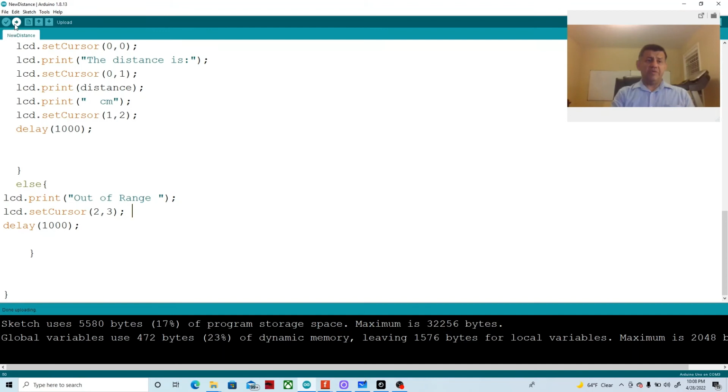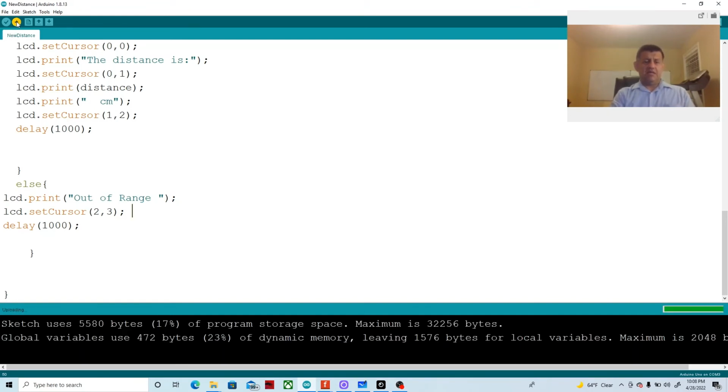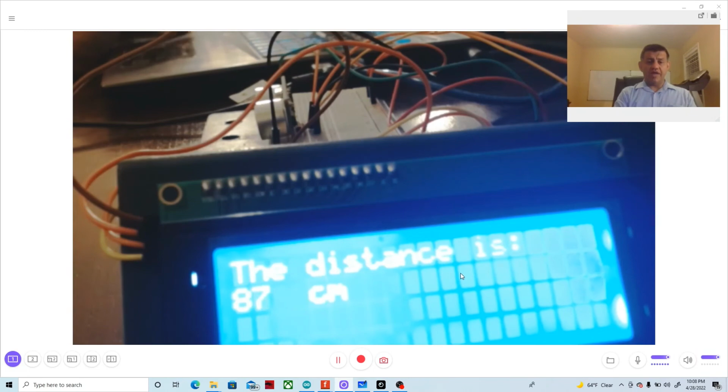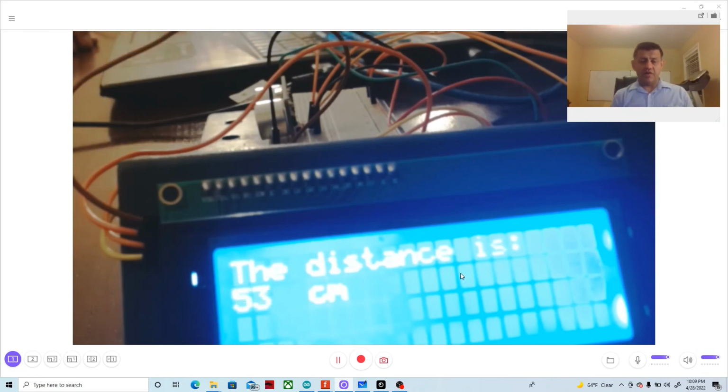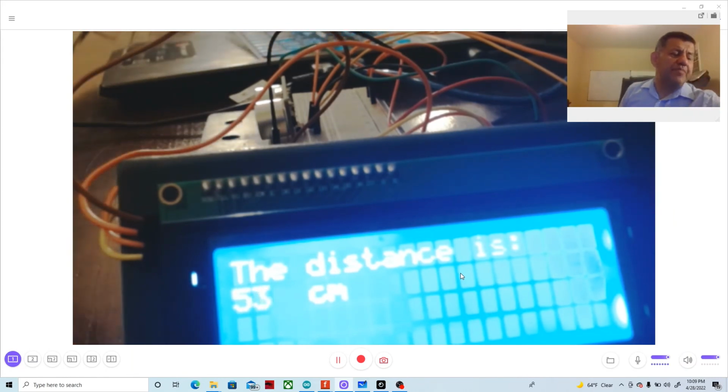So let me just load this into the Arduino, and it's loaded. And I'm going to show right now how this stuff is looking. You can see, let me just do it with this piece of paper.